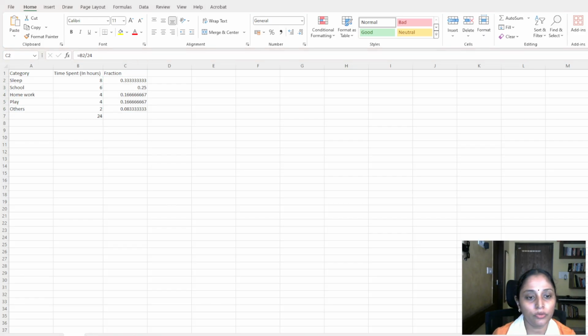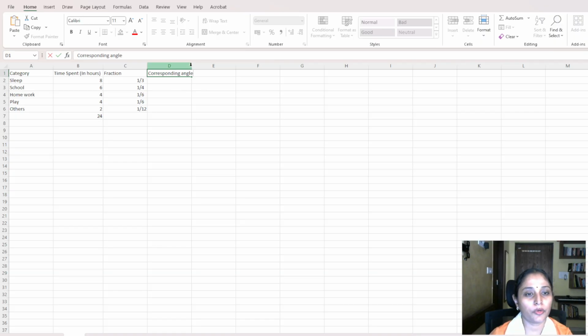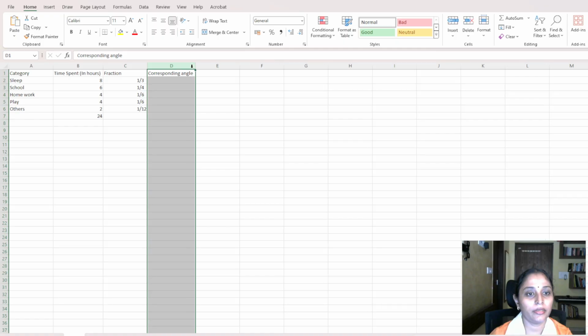So here I'm going to change the format. I've changed the format, and you can see that you've got the fraction. Now that I have the fraction with me, what are we going to do? We will be looking at the corresponding angle in your pie chart.